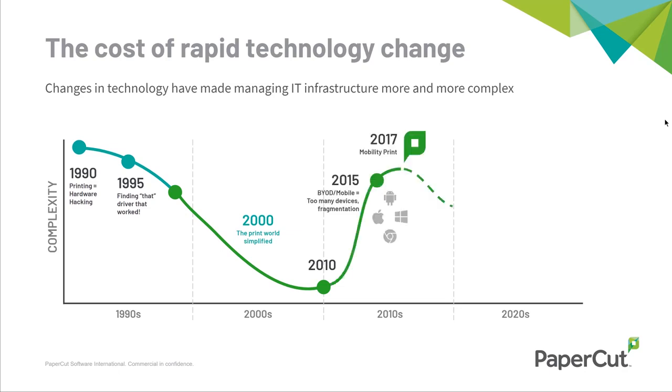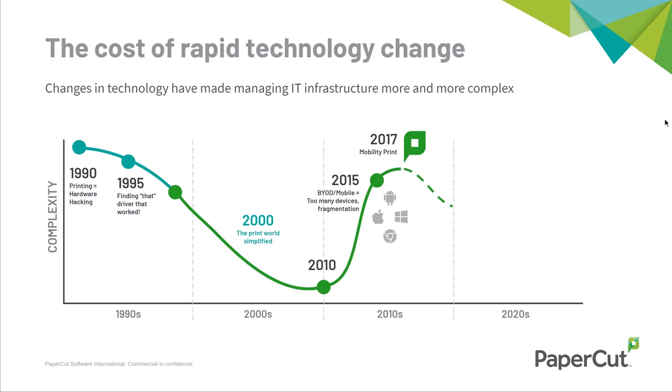But then the 2010s came and BYOD and mobile became very popular. The IT teams now had to solve printing for mobile devices, including iPhones and Androids, and from a BYOD perspective, users were using MacBooks and even Chromebooks together with Windows as well. So in 2017, we launched Mobility Print.